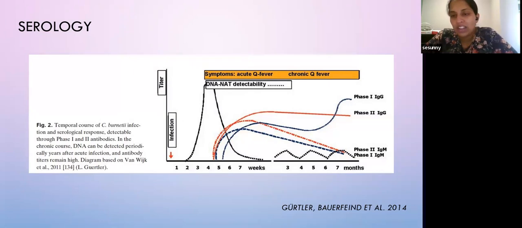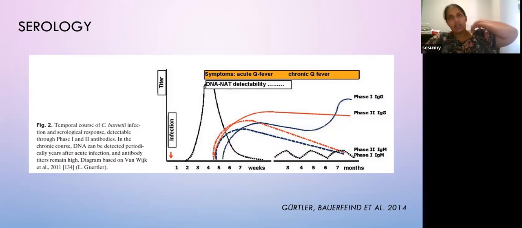So if it was any of the other infections, the antibody titers may be a bit lower compared to what you would see with Coxiella. The third thing is that there may be multiple transient autoantibodies present at the same time. So you may have a positive rheumatoid factor, positive Coombs test, positive ANA, and it's just something to bear in mind when you're interpreting this test.